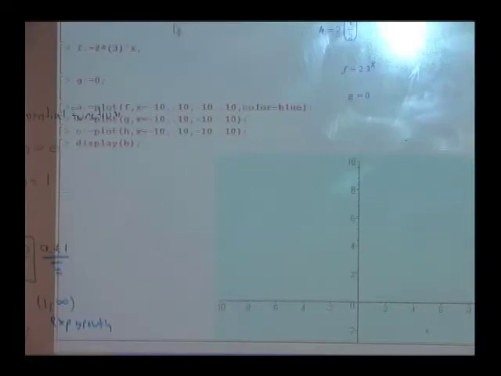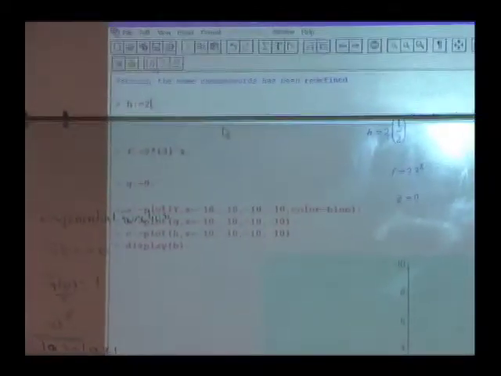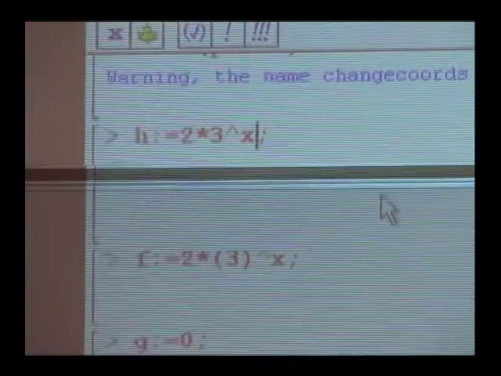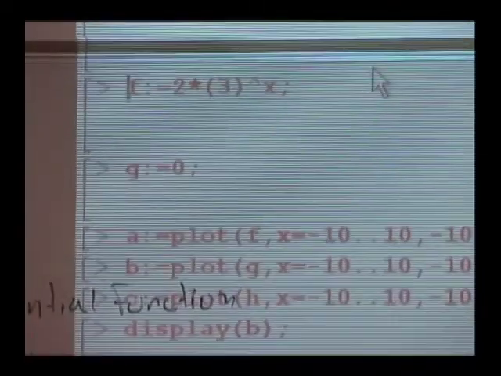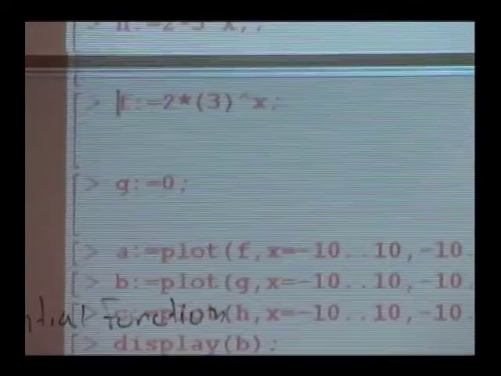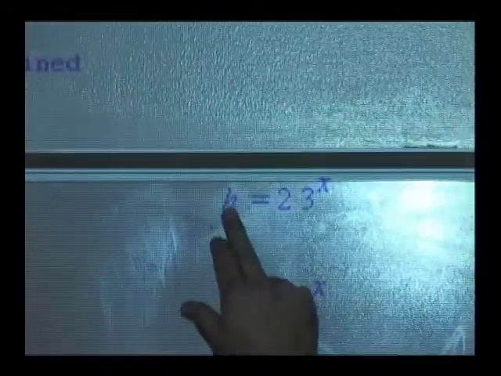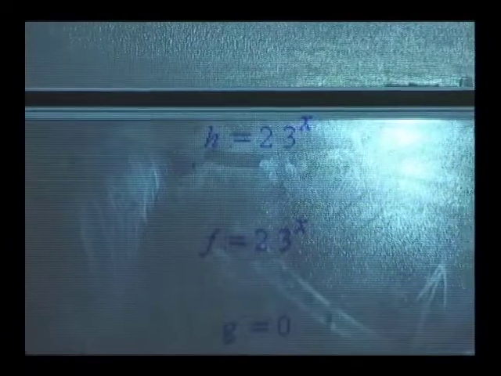The first one on here is 2 times 3 to the x. Not the best thing I've done here, but h is now my function, 2 times 3 to the x. And that's the first one on your worksheet, right?